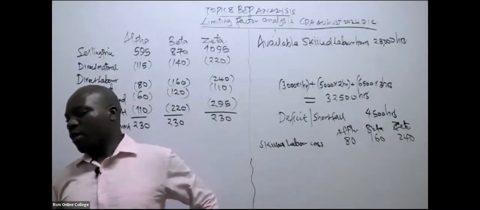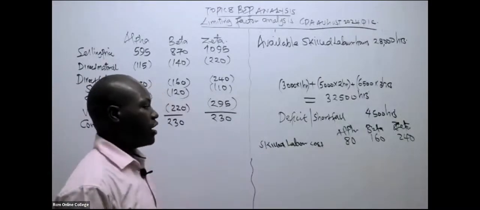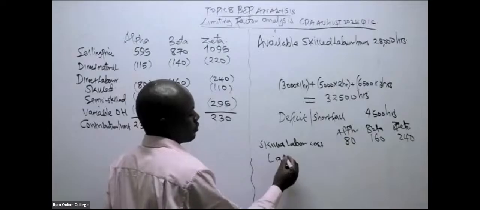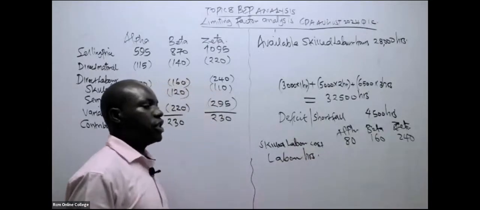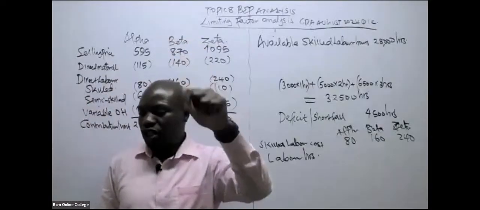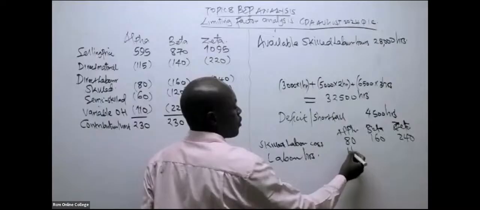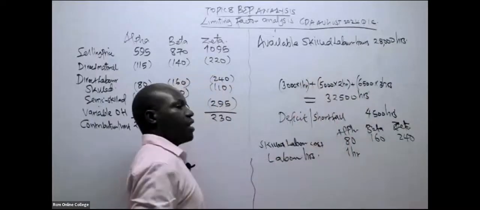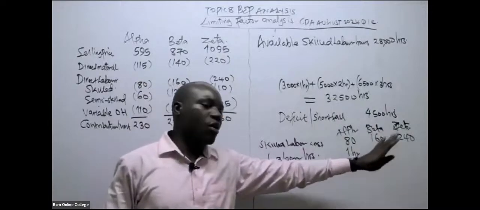If the labor cost per hour is 80 shillings and you've incurred 80 shillings, how many labor hours are we talking about here? If the rate is 80 shillings per hour, that will be 1 hour. If you have spent 160 shillings and each hour is 80 shillings, how many hours?